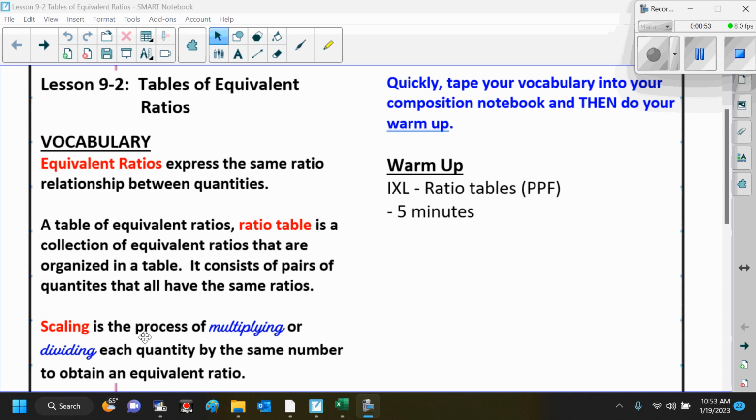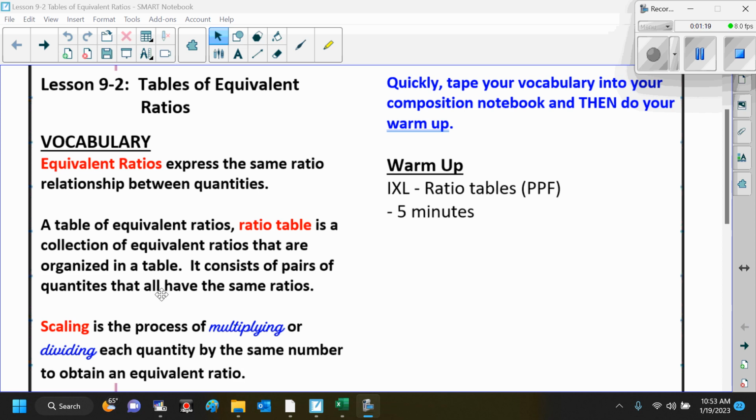Now, when we're multiplying, that one is a scaling up, because the numbers are getting bigger. In this lesson, we're going to call it scaling forward, okay? Dividing, that we called it scaling down yesterday, okay? Today we will call it scaling backward, okay?